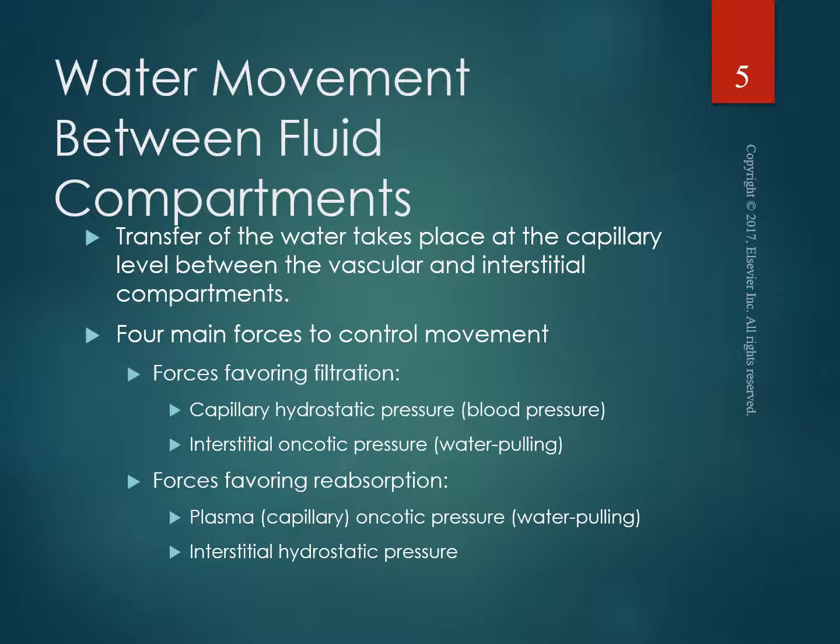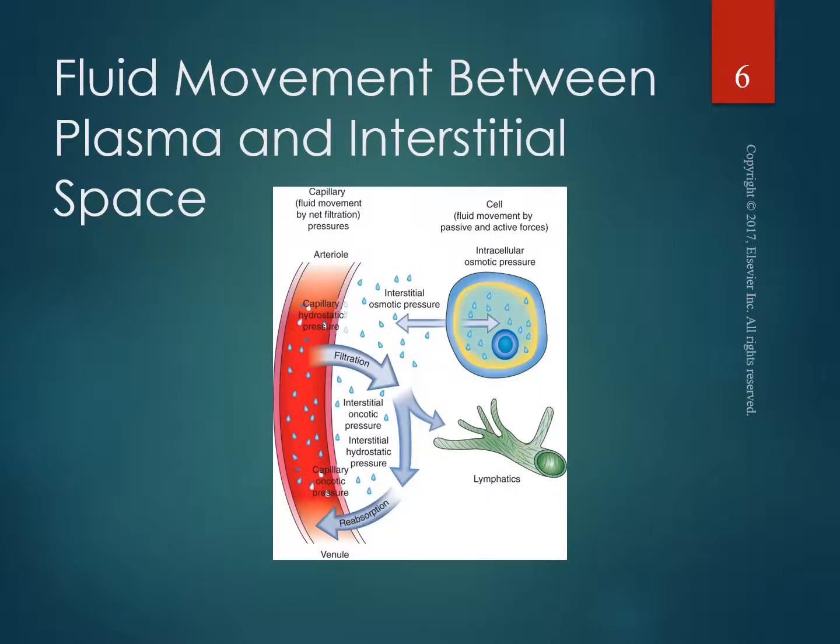In healthcare, the external solution described in relationship to tonicity consists of intravenous solutions, specifically those containing electrolytes. So, for instance, crystalloids that are used to treat a variety of patient conditions would be a good example of this. This just shows fluid movement between the plasma and interstitial space.